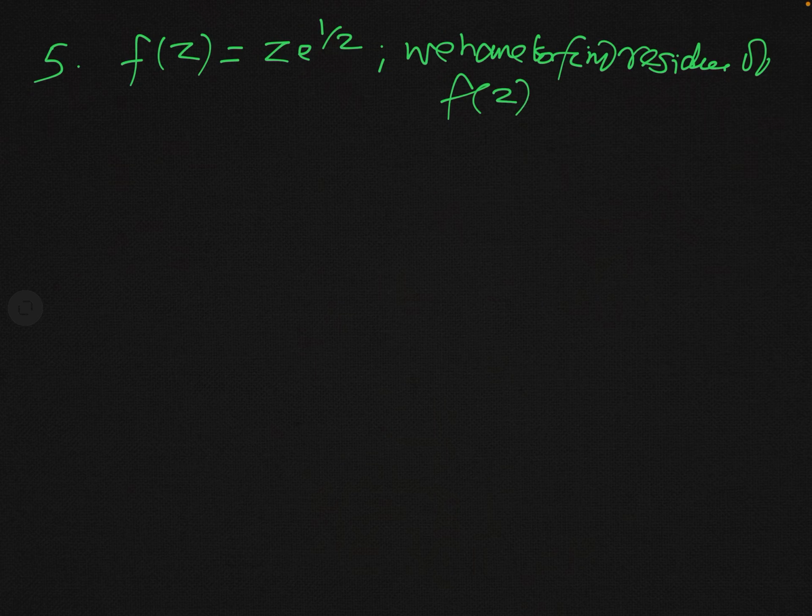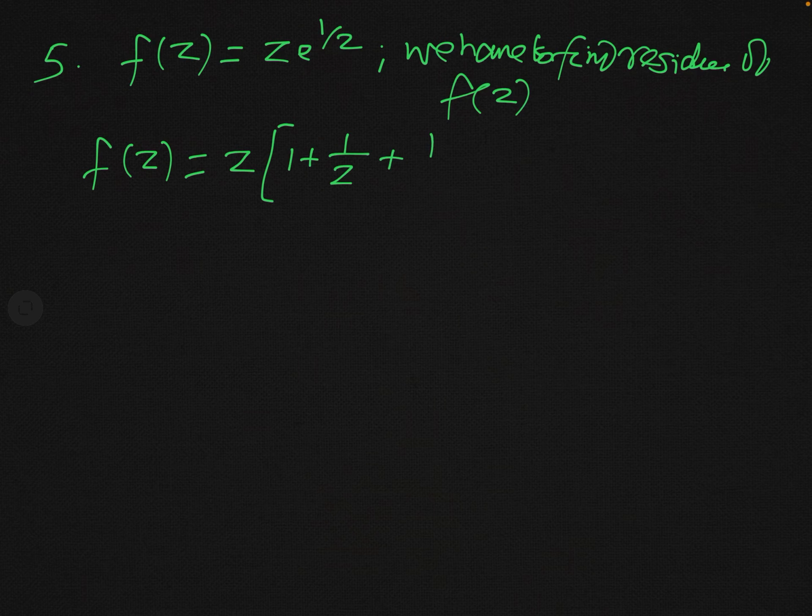We will simply expand the transcendental function e to the power 1 over z, and then for finding the residue we will find the coefficient of z minus z naught to the power minus 1. So let us expand this function.